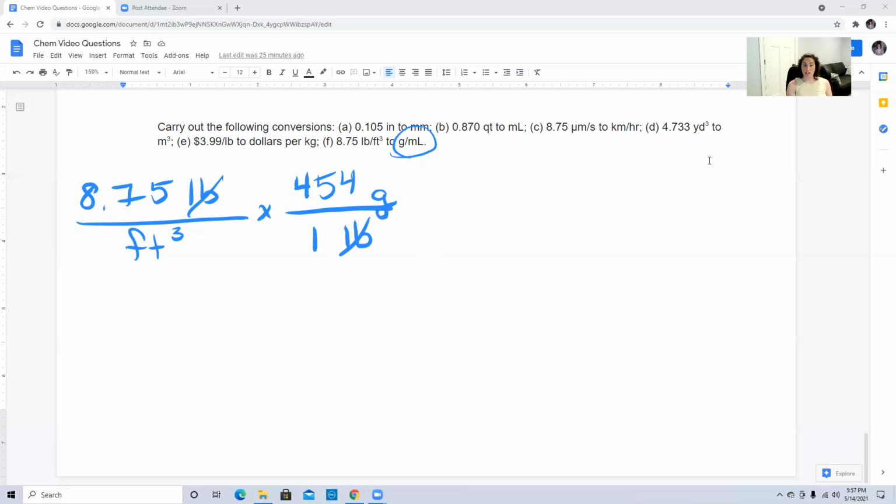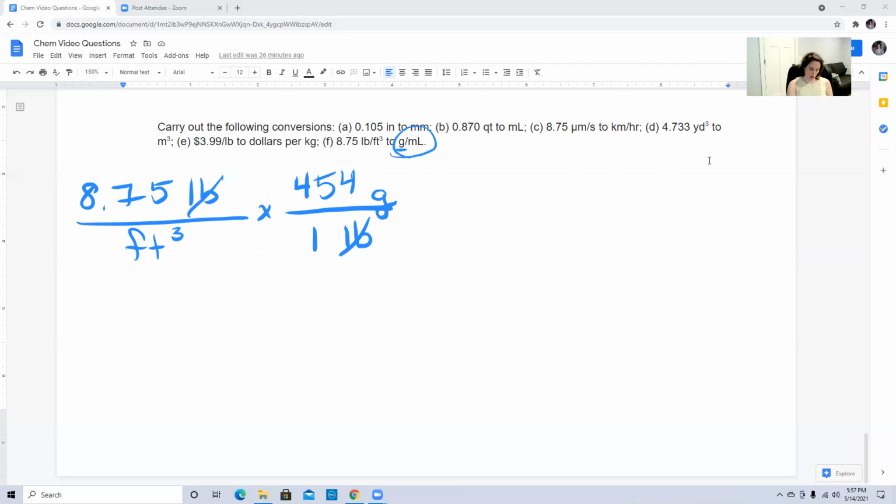Right now my current label is grams per cubic foot. So grams, done. That was the first thing we needed. But we still need per milliliter. And here's where it gets really weird. Cubic feet to milliliter. Milliliter is not cubed. It is already a measure of volume.